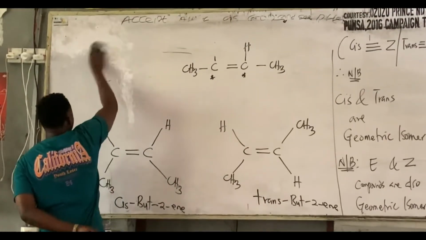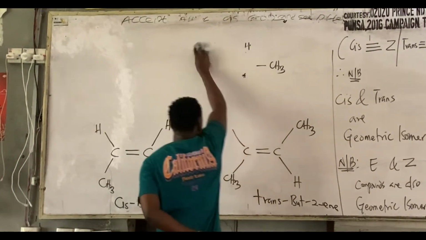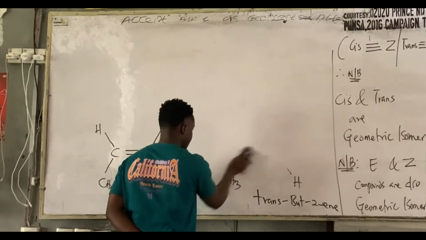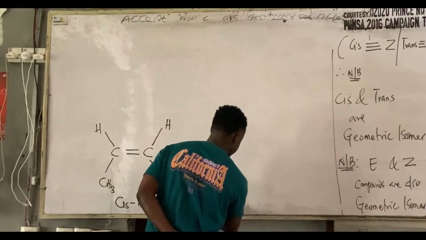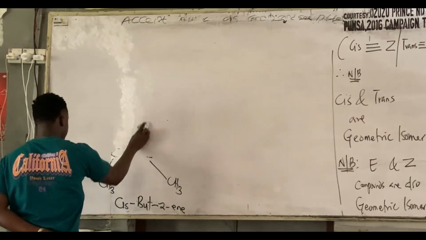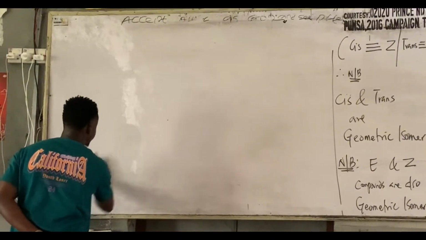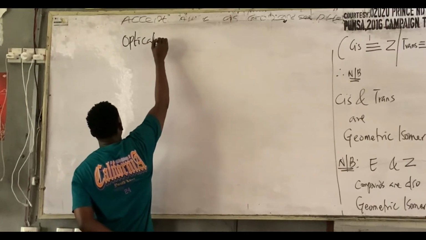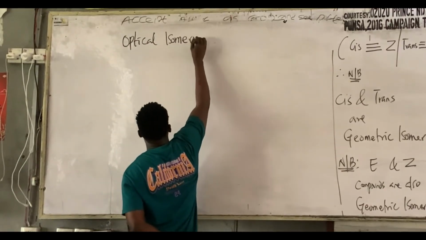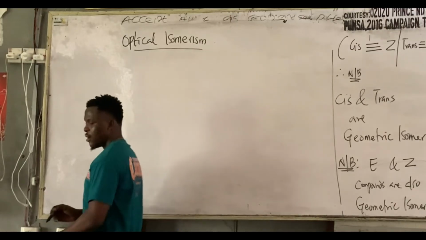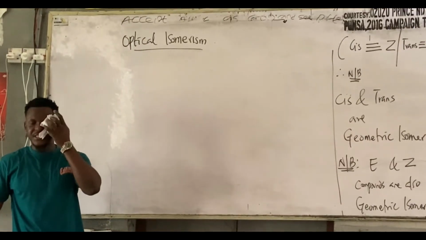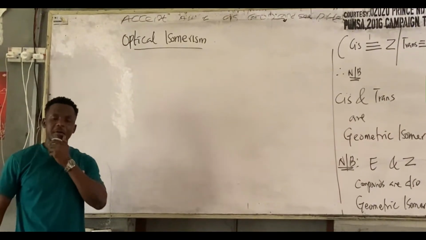It's optical isomerism. All right. Now, when they say optical isomerism, from the word optics, physics 115, optics means light.